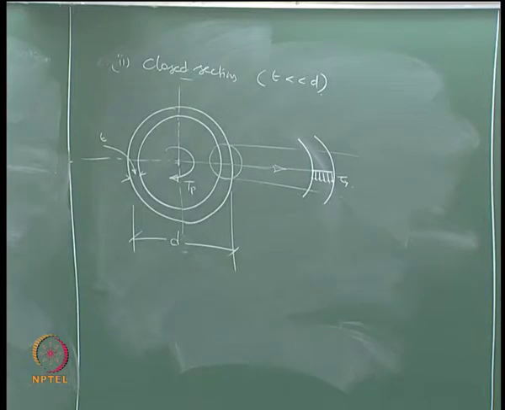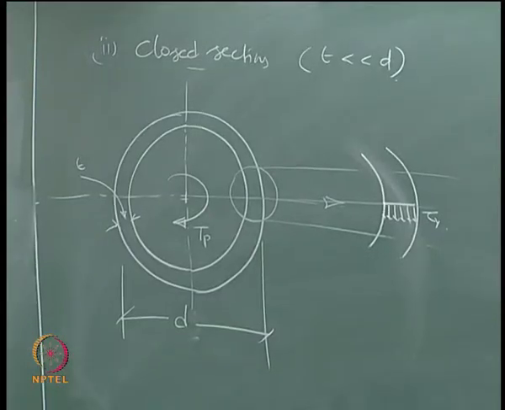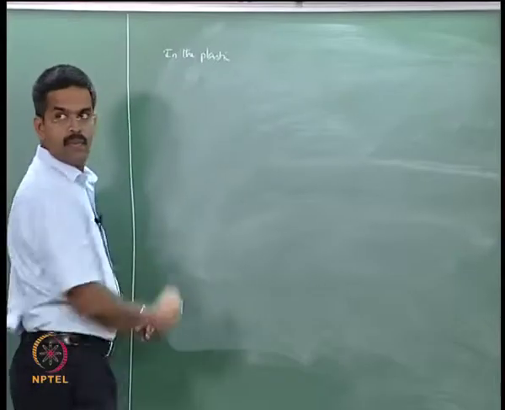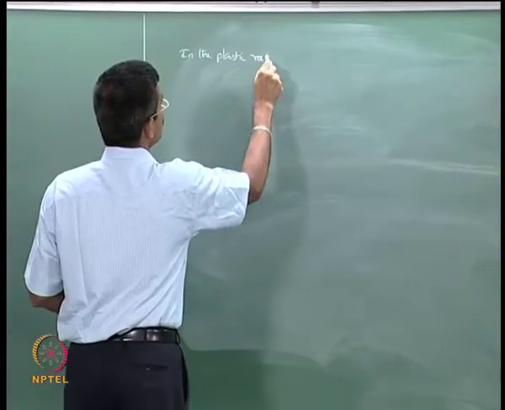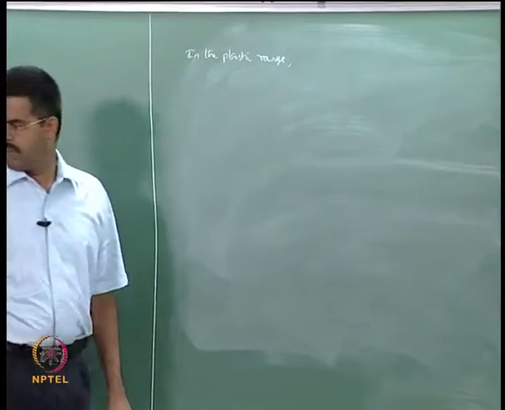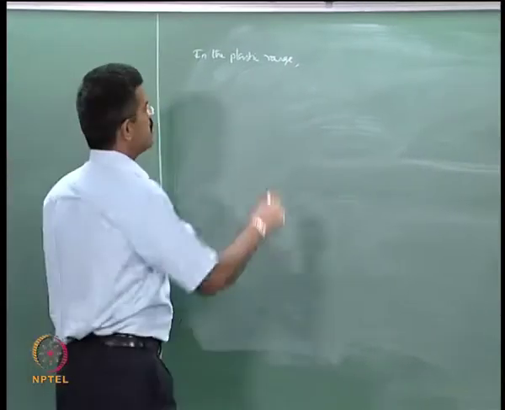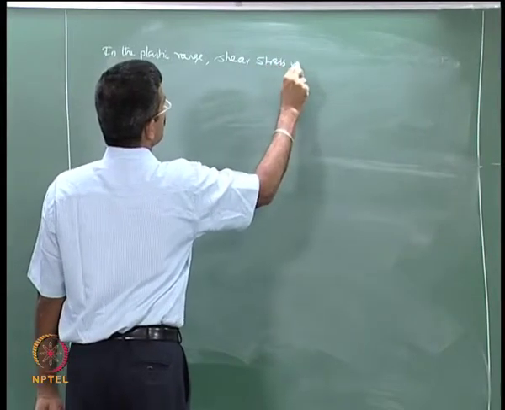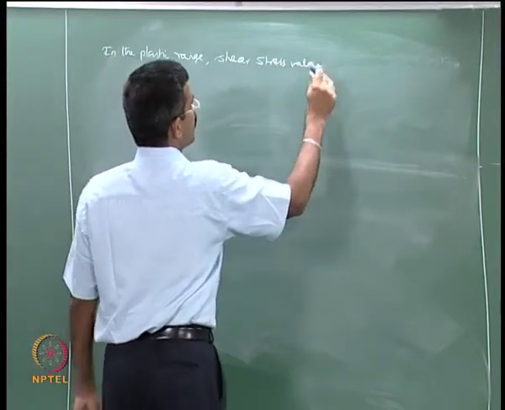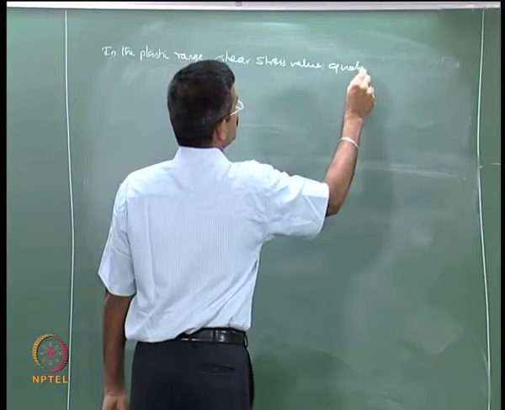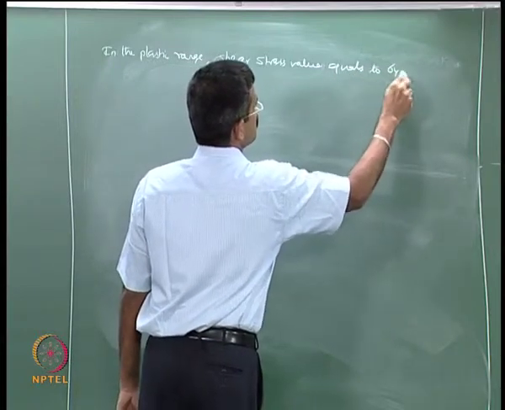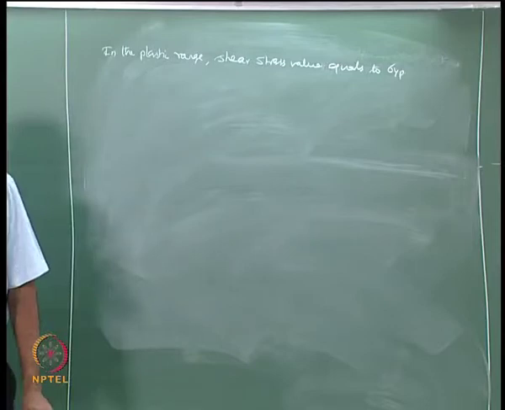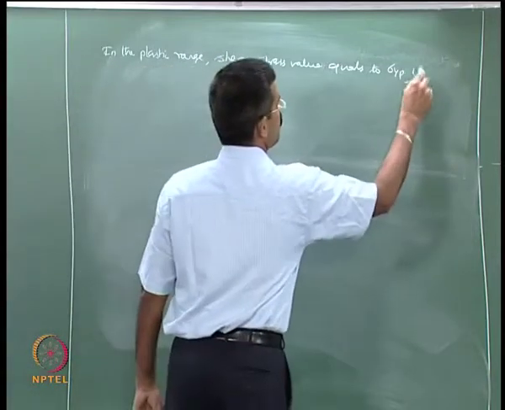So in the plastic range, the shear stress value equals tau y, that is sigma yp by root 3, throughout the thickness of the section.